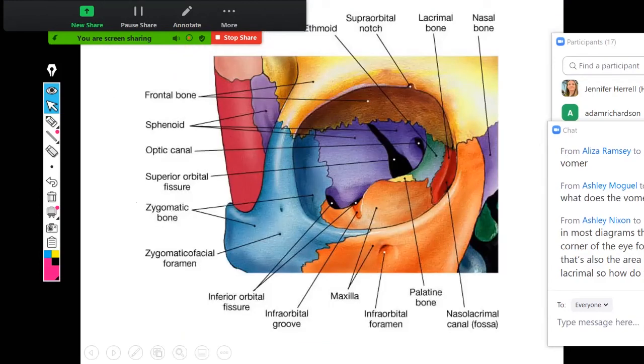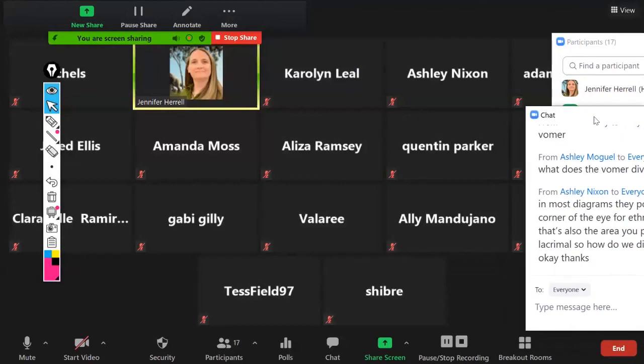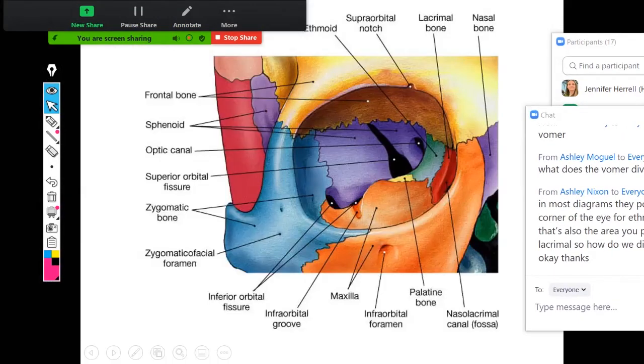Right in the very corner of the eye, making up the side wall there, that's the lacrimal. And the green bone right behind it, here the colors are reversed, is the ethmoid. So the very corner of the eye, the part you can touch, that's lacrimal. Right behind it is ethmoid. You don't want to touch that with your finger. Does that make sense? Okay, good.